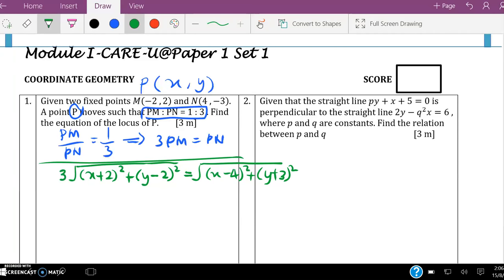You get one mark here. After you lift out the square root, it's not just simply elimination. If you want to leave out the square root, you must square it on both sides.